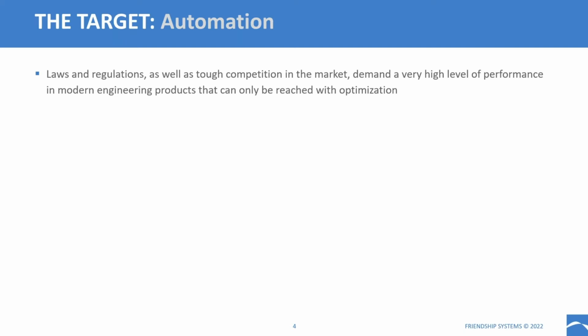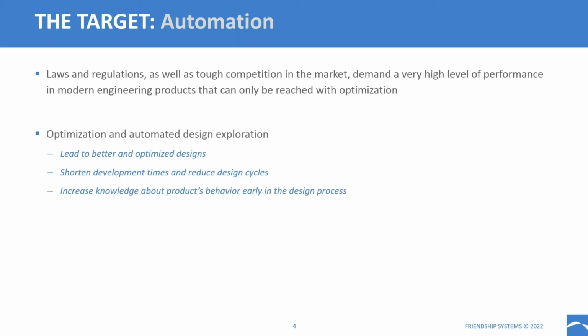And we think these goals can only be reached with optimization. And this kind of automated optimization and design exploration processes, first of all, obviously lead to better and optimized designs, but they also shorten the development times and reduce the design cycles that are necessary to get to a certain goal.